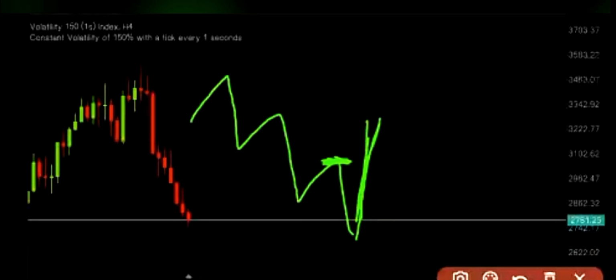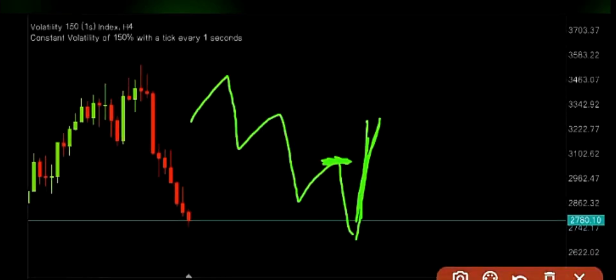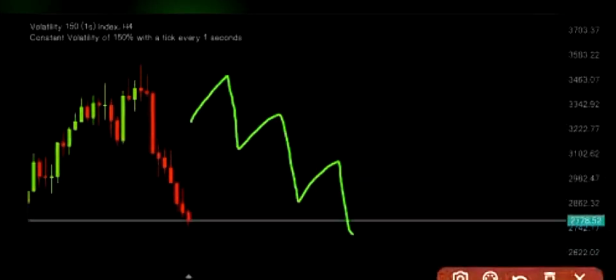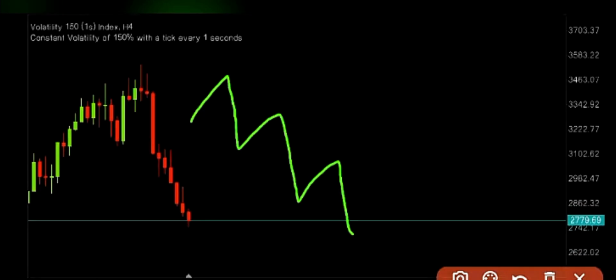When this structure is broken, this is when we can start expecting that maybe the market wants to start buying. But as long as structure is not broken, the market is going to keep on selling. And what confirms the market is going to keep on selling is a break of structure.